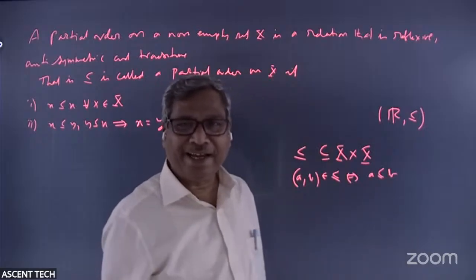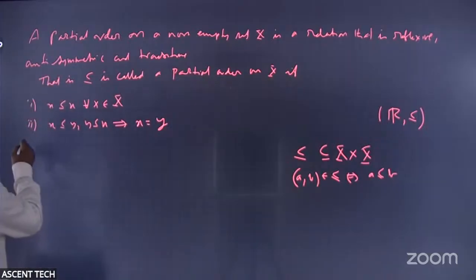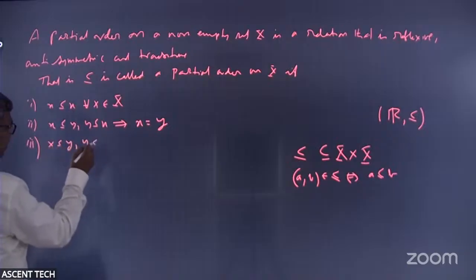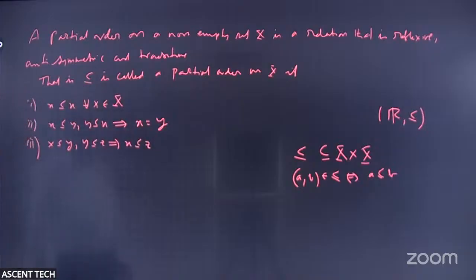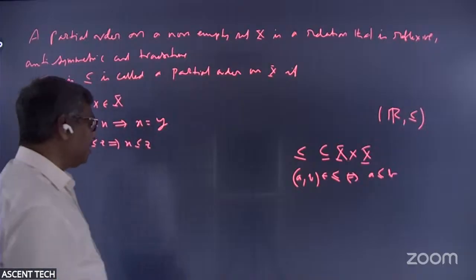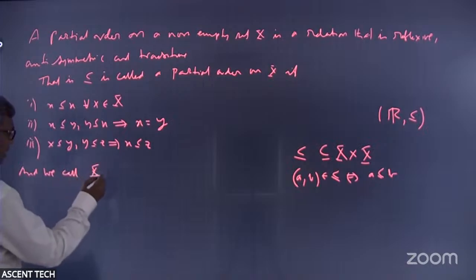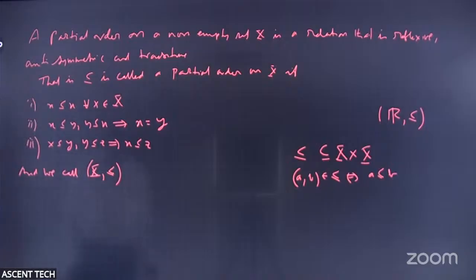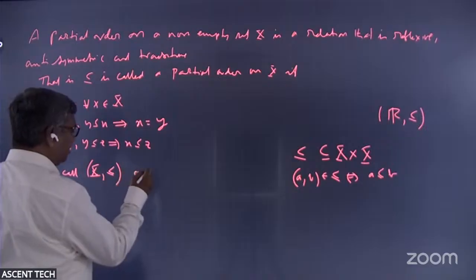Let us say this less than or equal to is an abstract one, some relation, and transitivity, which says that X is less than or equal to Y and Y is less than or equal to Z implies X is less than or equal to Z. If these properties are satisfied, I call less than or equal to a partial ordering, and we call X together with the ordering that we have just introduced a partially ordered set.